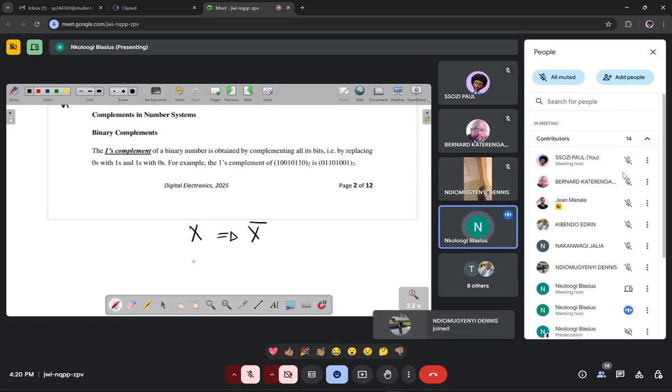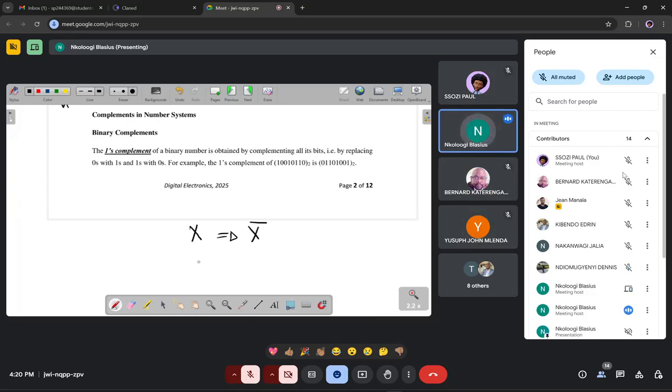Now, this is actually what we call the ones complement in our complement aspect here. So if I have a binary number like this, and I say I need its complement, then I would just change the ones to zeros and the zeros to ones.